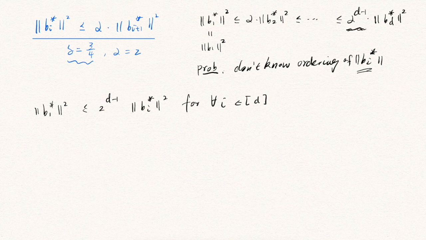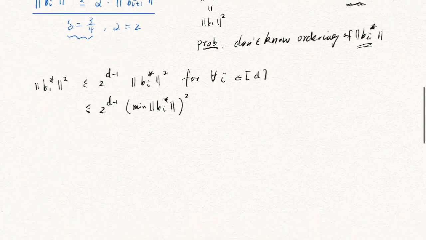This also implies that we could pick the smallest Bi star, although I don't know which one because I don't know the ordering, but I could say it is smaller than the minimum of the orthogonal vectors square. Now there is a fact that we need to use, and I will prove it in a little bit because it should be trivial to see.